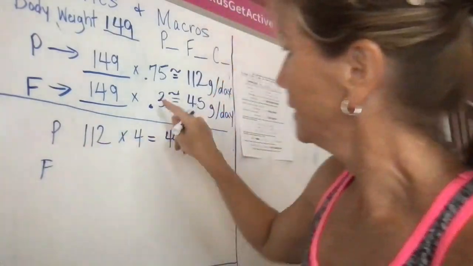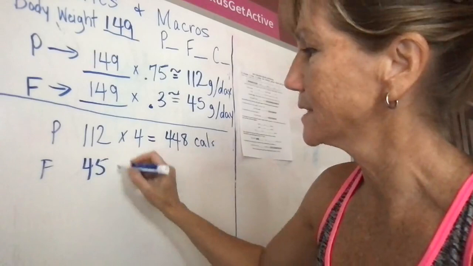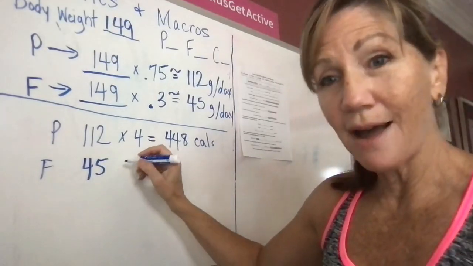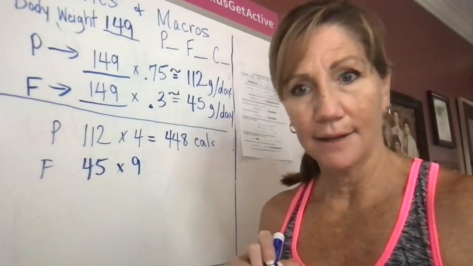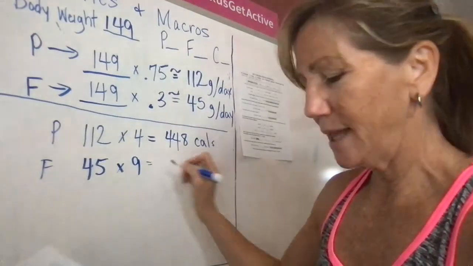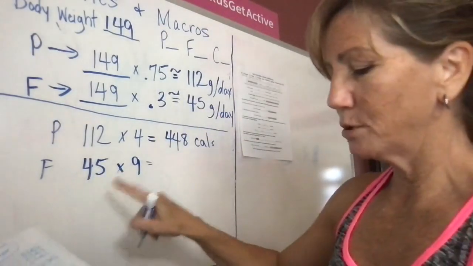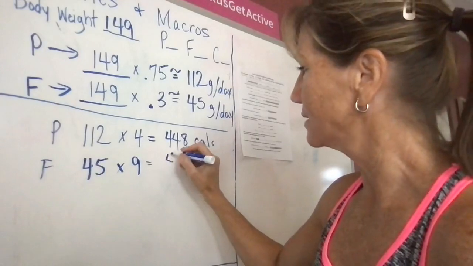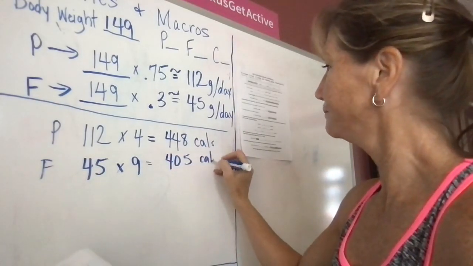Fat is my 45 grams, and each gram of fat is about 9 calories. See, it's a lot more. If we multiply that, your number that came from your fat times 9, mine comes out to 405 calories.